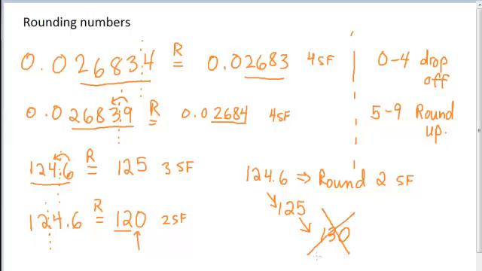That is not the answer. The answer to 2 sig figs is 120. The answer to 3 sig figs is 125, but the answer to 2 sig figs is 120. Don't round twice. Round once. Look at the number that's in your calculator. Round it immediately to the correct number of sig figs based on the problem.